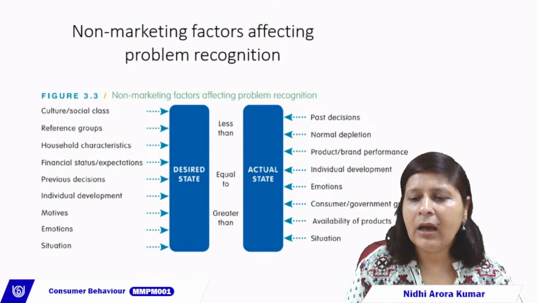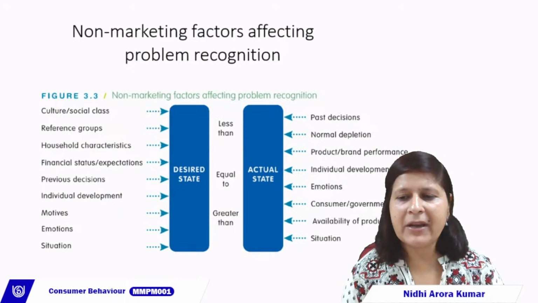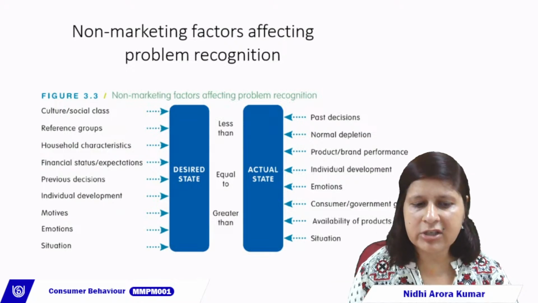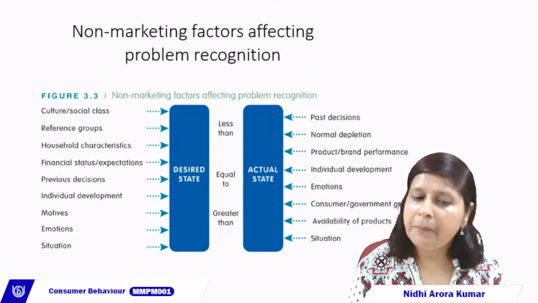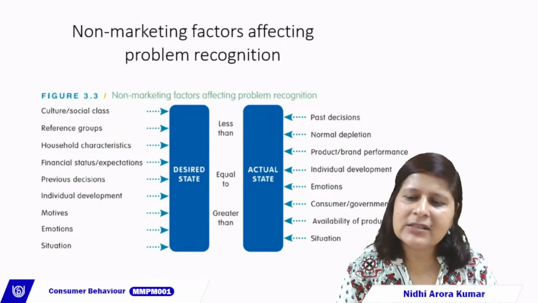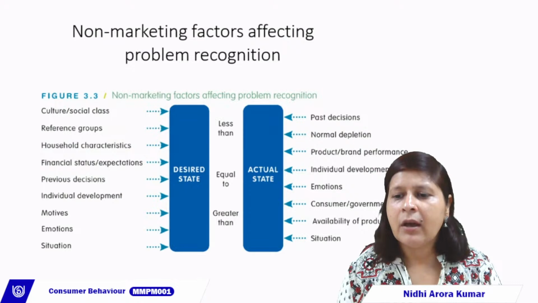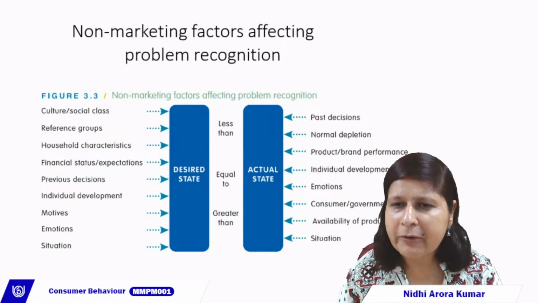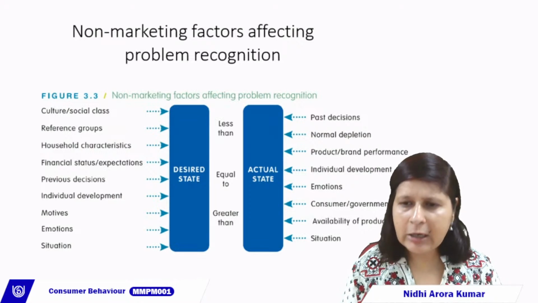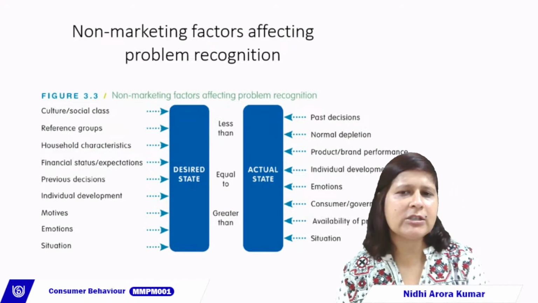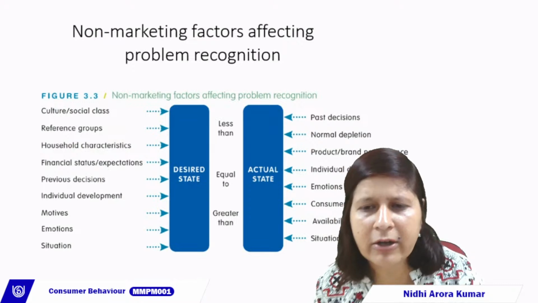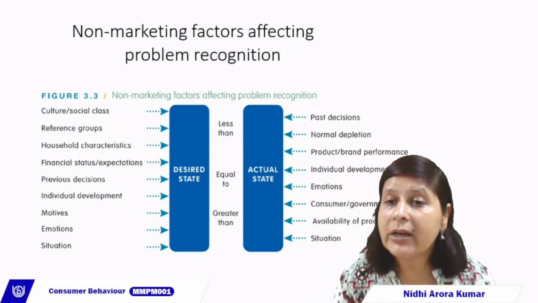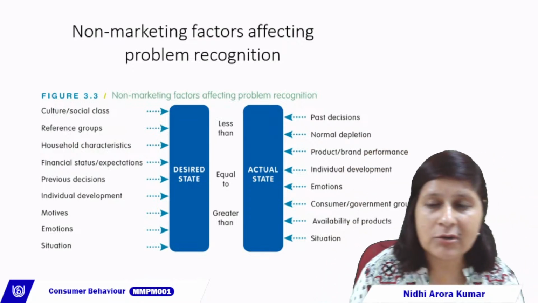Then there are other factors which impact the actual state. The previous decision impacts the desired state as well as the actual state. Normal depletion affects the actual state. Product or brand performance impacts the actual state, whether we are satisfied with the product or the brand or not. Individual development impacts the actual state.